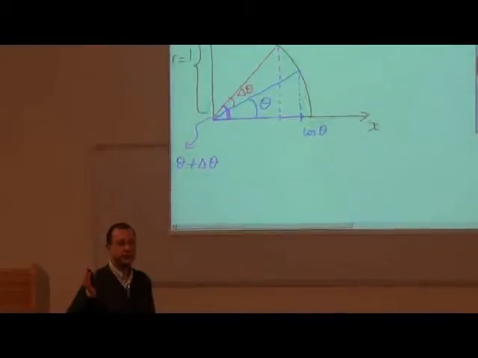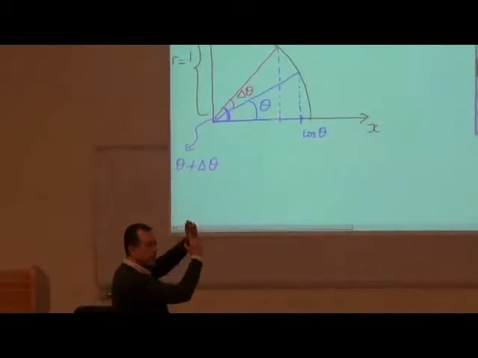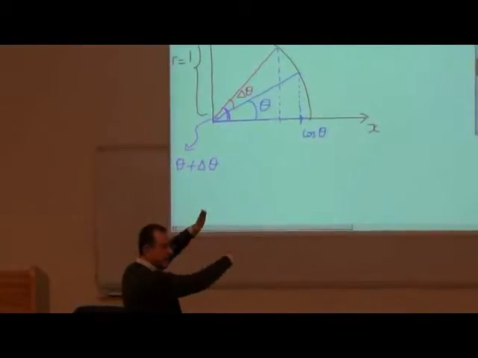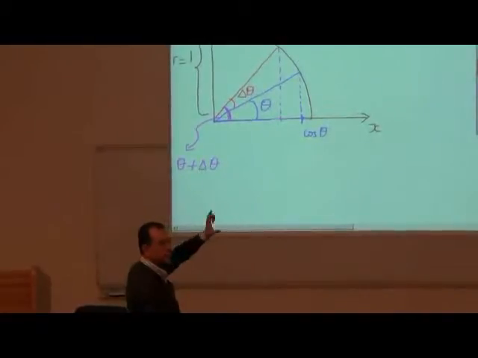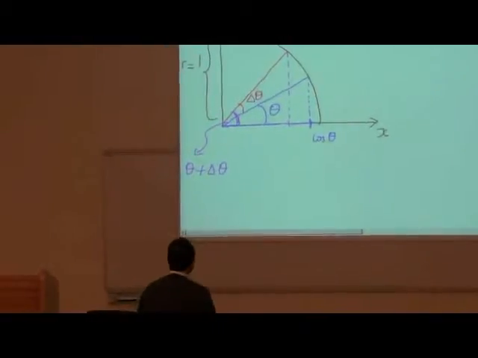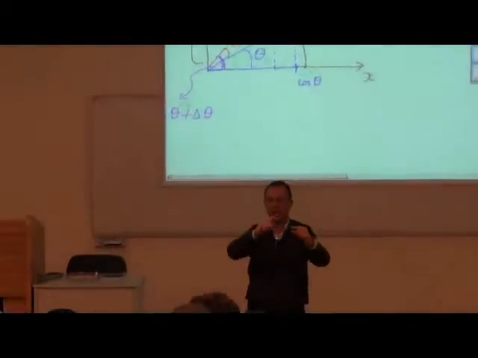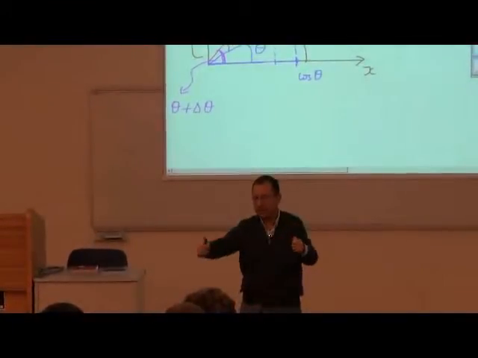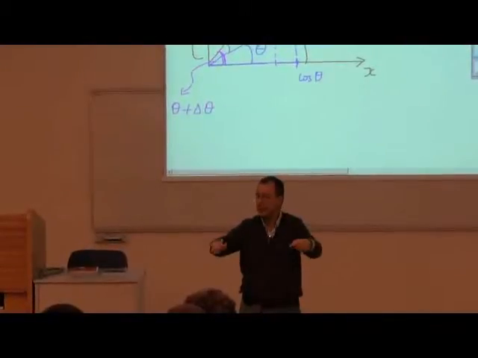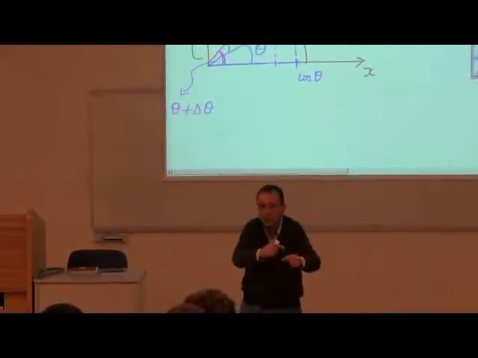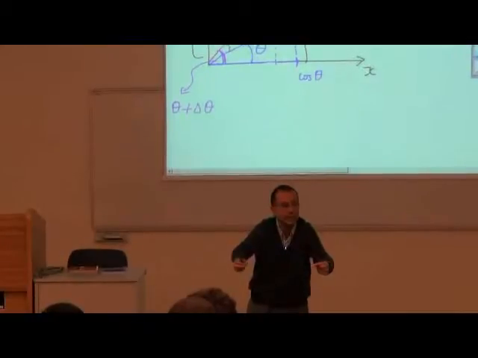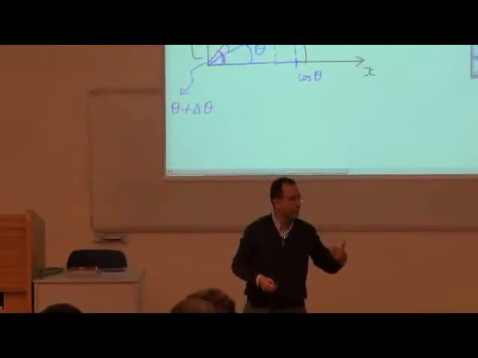All right? Now I have a new triangle, this one, whose angle is increased by a small amount delta theta. So this is theta plus delta theta. And this length here up to this purple point is how much? Cosine of theta plus delta theta. Does everybody get this?